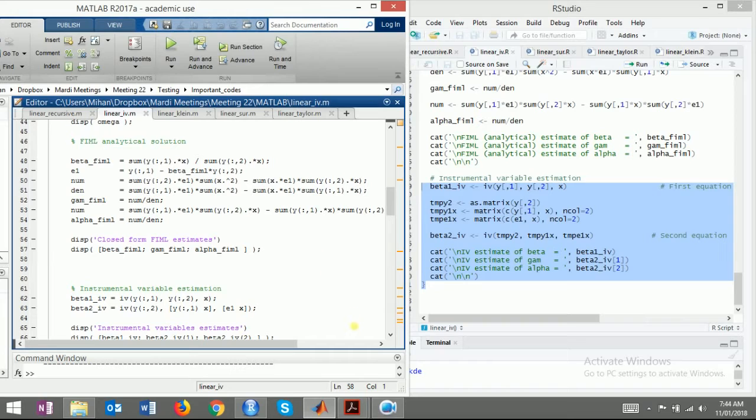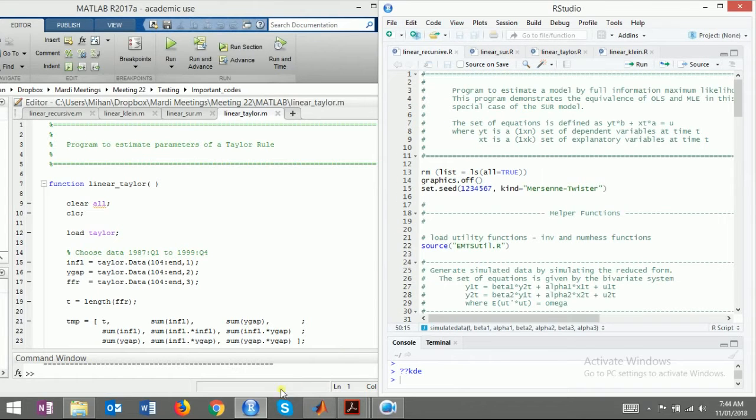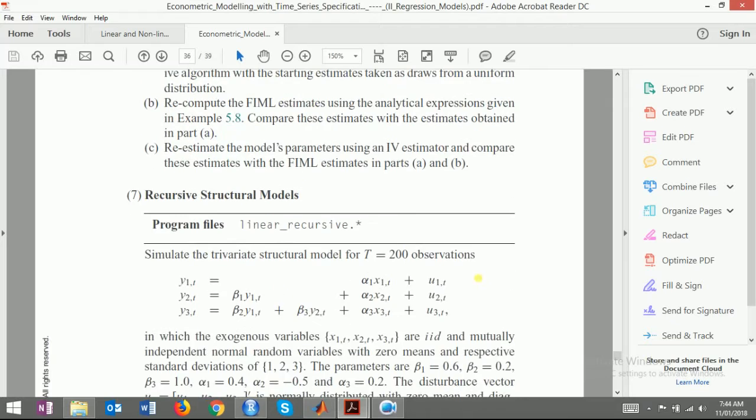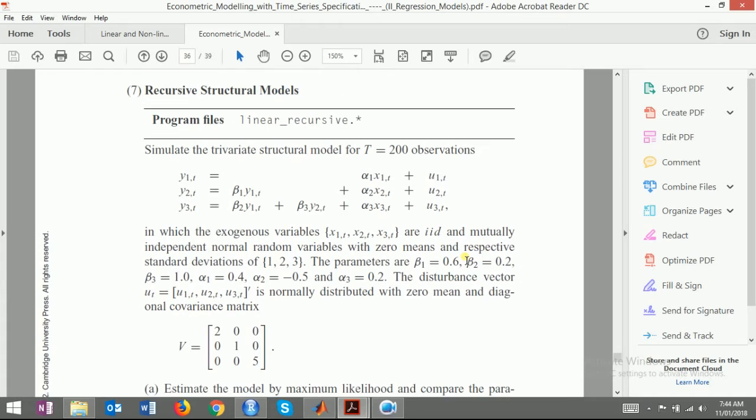Then the next problem is the recursive structural model. Simulate the trivariate structural model for t equals 200 observations. It's a structural model, so you have a lower triangular representation in which the exogenous variables x1, x2, x3 are IID and mutually independent random normal variables with zero means and standard deviations of 1 to 3.